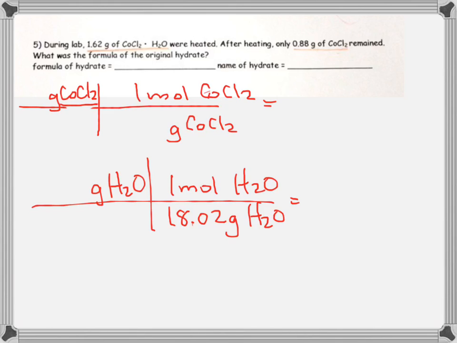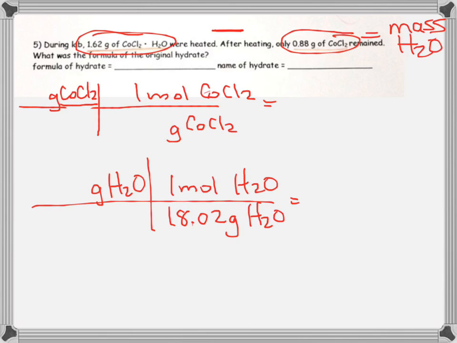You take this number minus this number, because when you subtract those two, you get the mass of water that evaporated off. When you subtract those two numbers, you should get 0.74 grams of H2O. So we're going to put that right here.